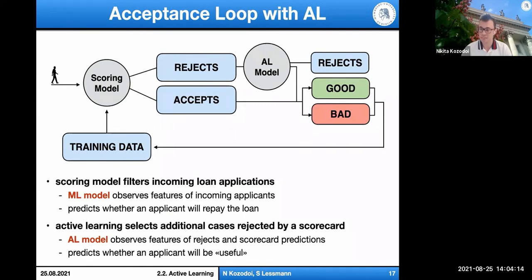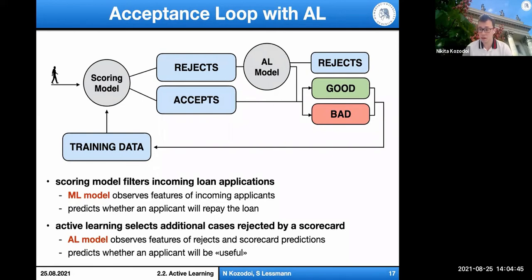But we also have a second component, which is an active learning model, which then looks at the rejects, at their features, and at the predictions of the scoring model for this reject, and then decides if this reject should indeed be rejected, or if we actually should accept this person because this application is useful in terms of its potential impact on our scoring model. That's how our acceptance loop changes.